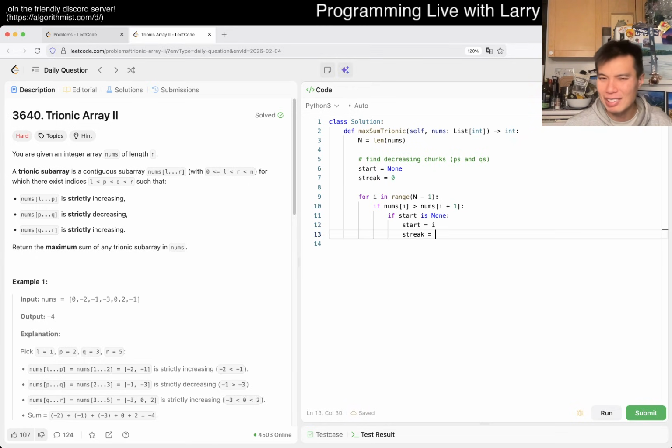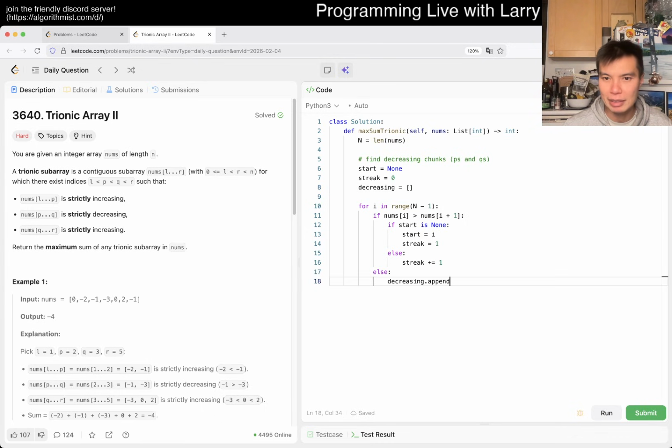We have to be careful about the index, but the idea is going to be right. Else, streak just increments by 1. And then else, we have something like decreasing, and here we have decreasing.append the start and i.